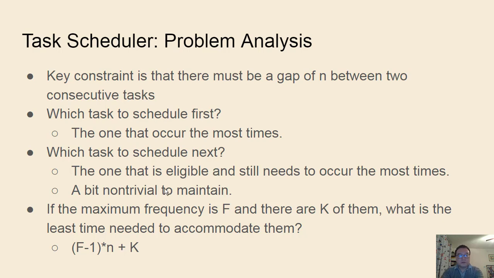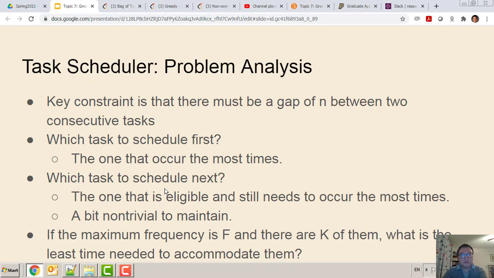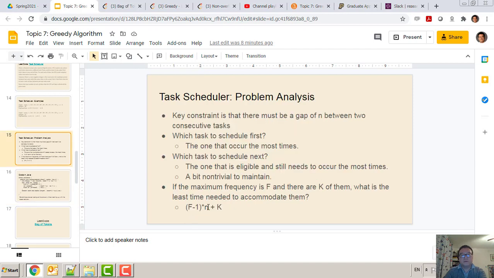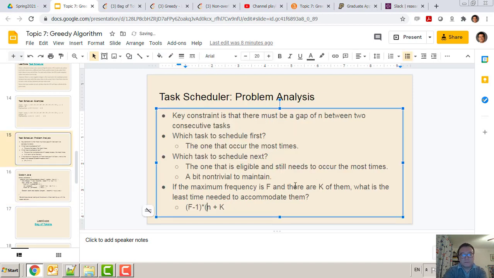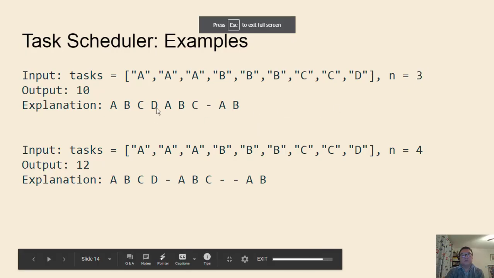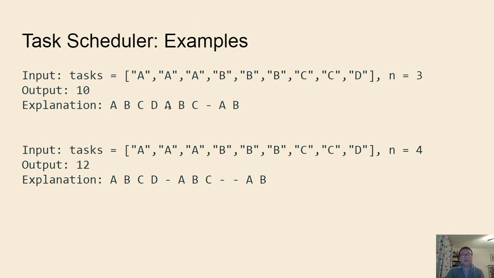I think this formula should be n+1. Let me look at the code. Yes, it's n+1. We first need f-1 blocks, each of size n+1. Like here, because they appear 3 times, we need 2 blocks, each of size 4.